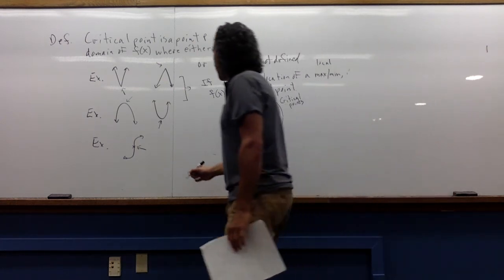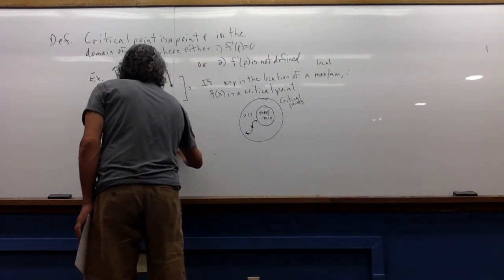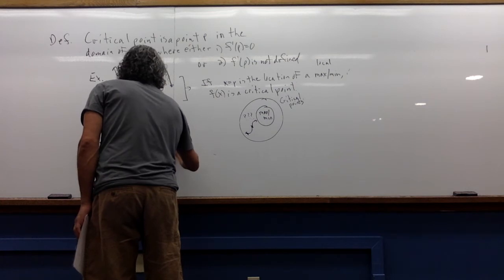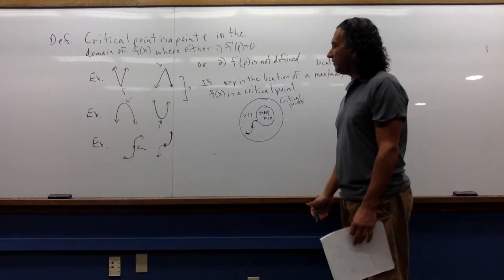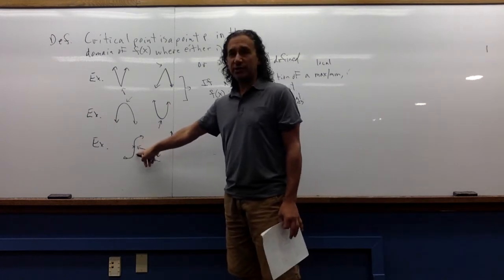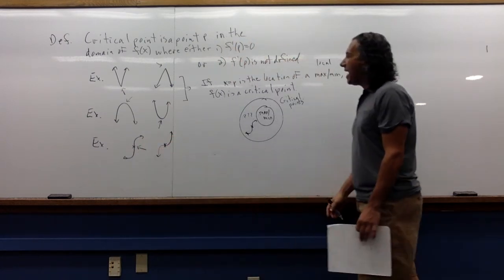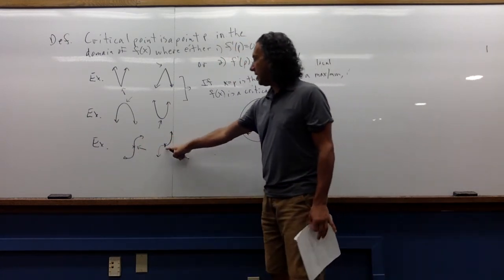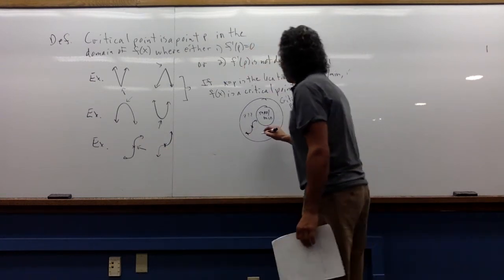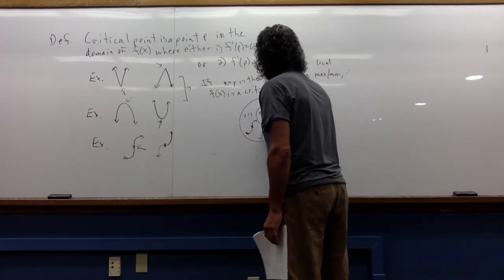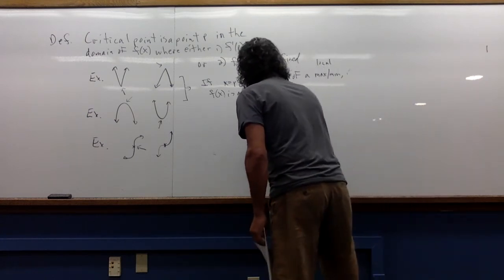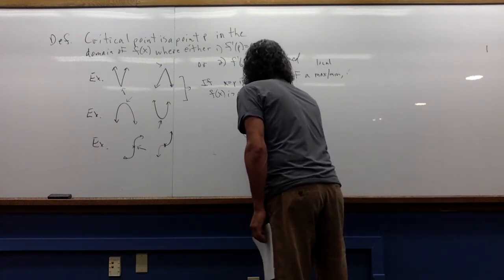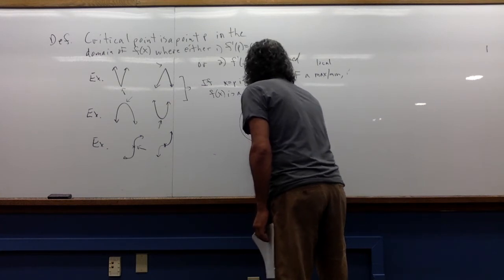As another example, the cubic function. This happens to be the cube root function. The cubic function also has a critical point here, but it's not a max min there either. But again, that's okay. Our goal is to find the maxima and minima.